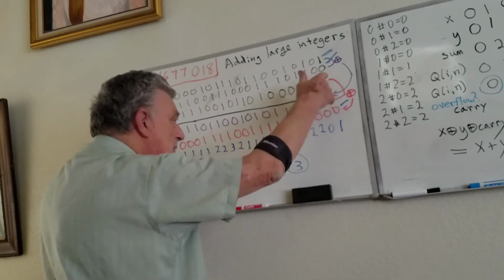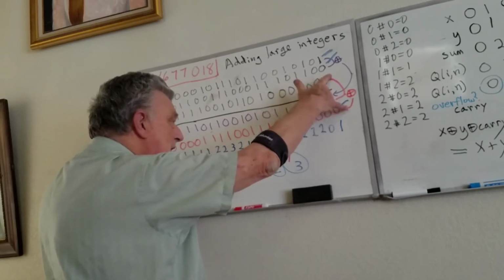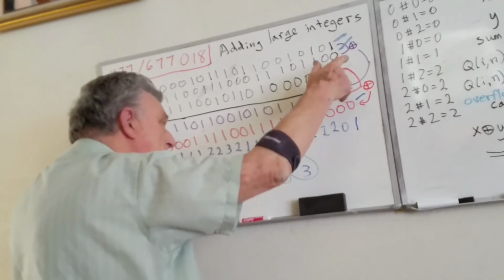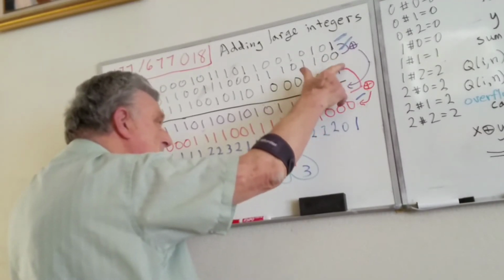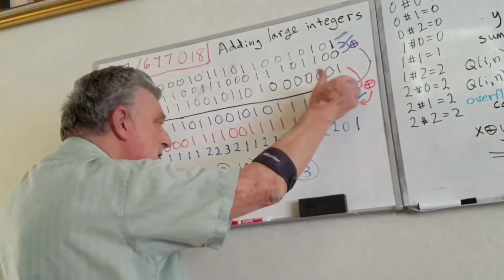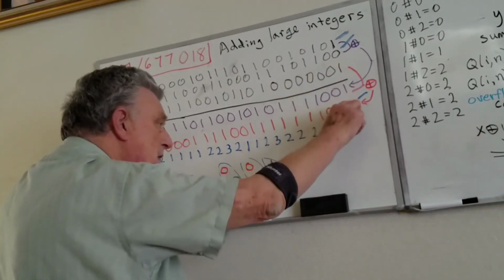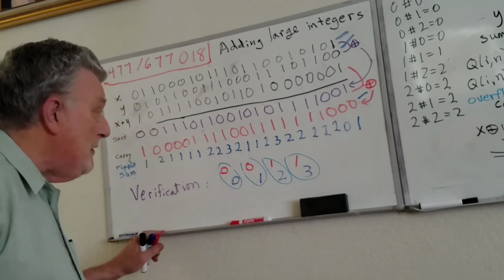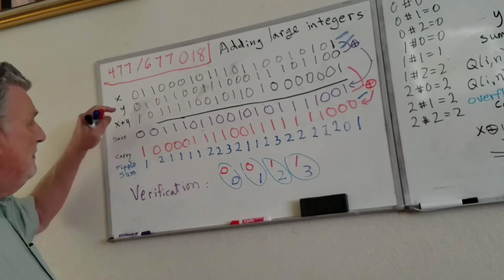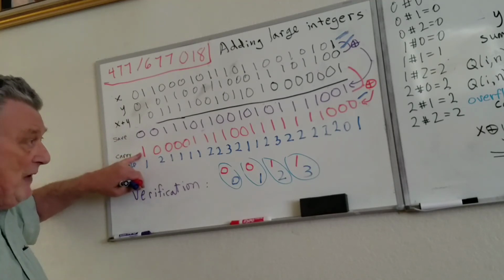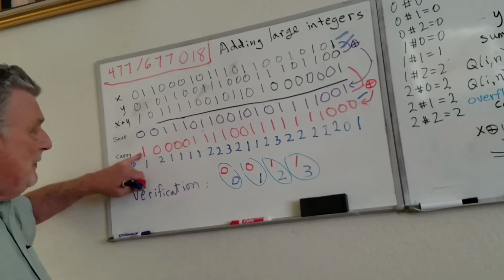The carry is obtained by taking save and doing the symmetric difference of the actual sum and the save, these two, to get what will now actually be the carry bits. So for each place we have a carry bit coming from the right side, and that's this red number.